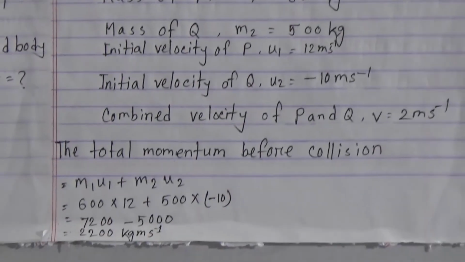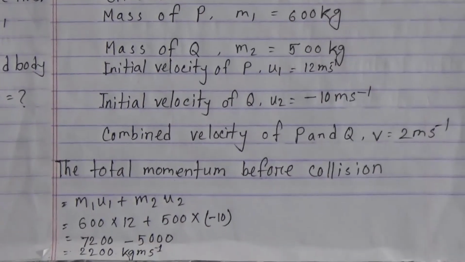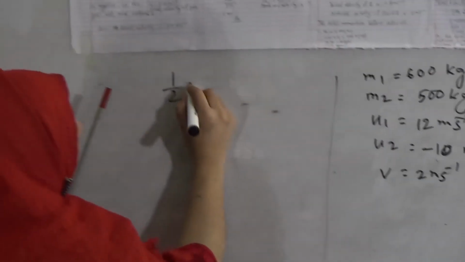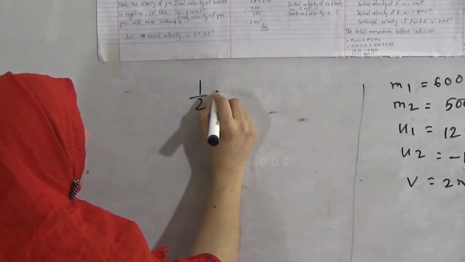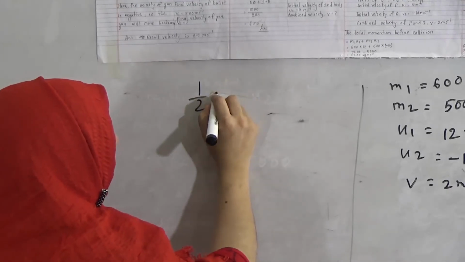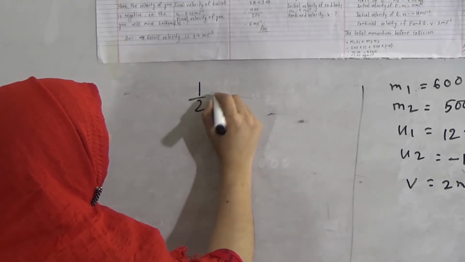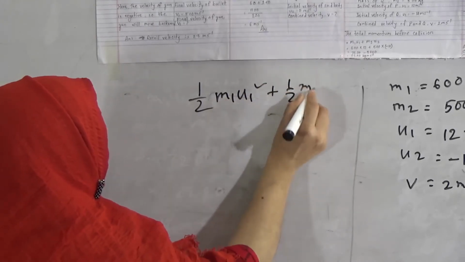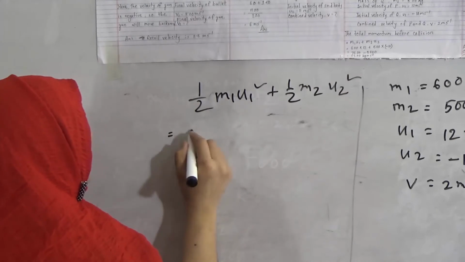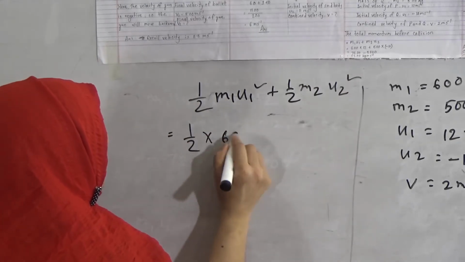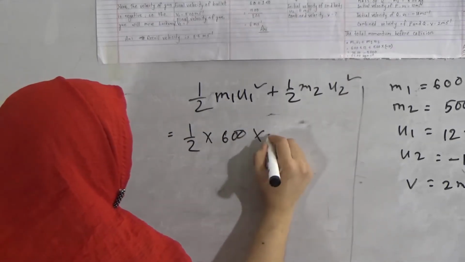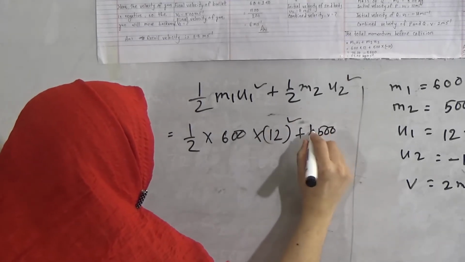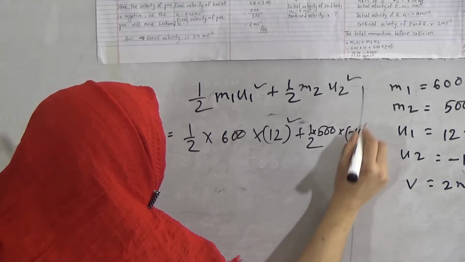Now the total kinetic energy before collision we have to find out. The total kinetic energy before collision is half m1 u1 square plus half m2 u2 square. So half into m1 is 600 into u1 is 12 square, plus half m2 is 500 into u2 is minus 10 square.